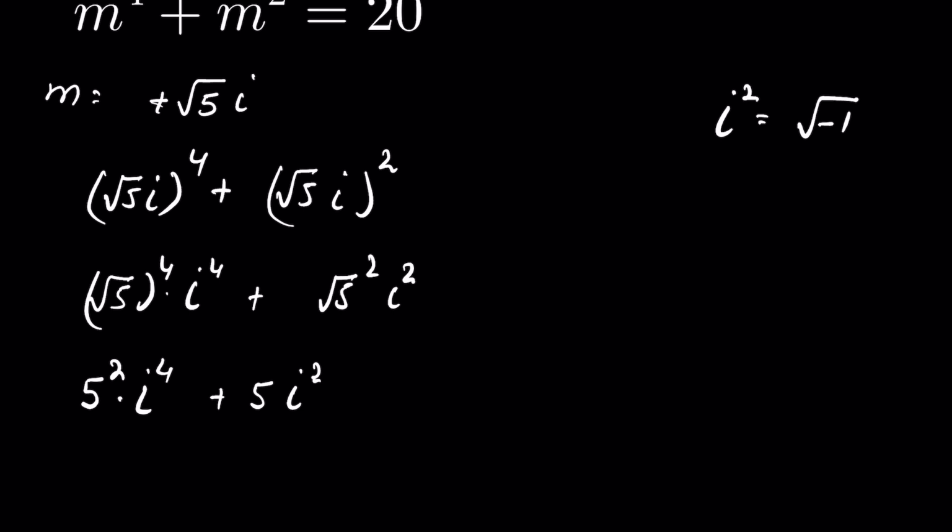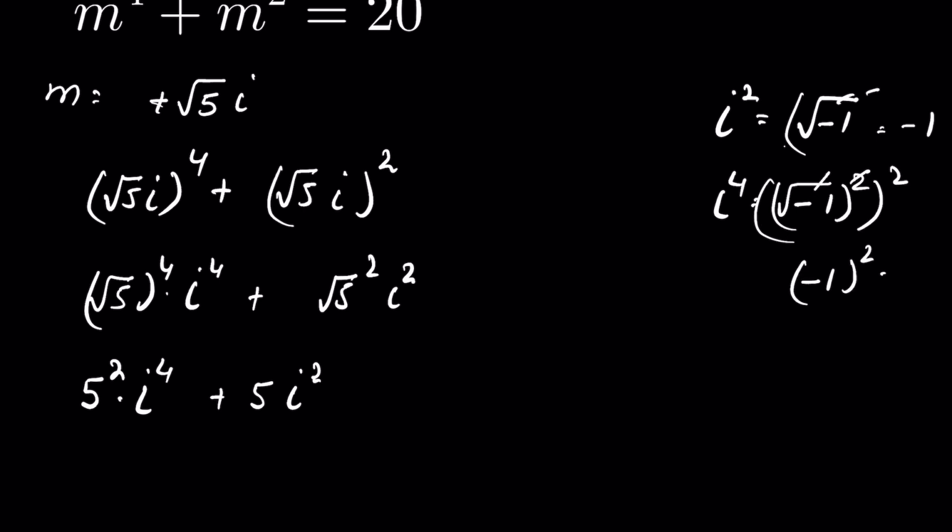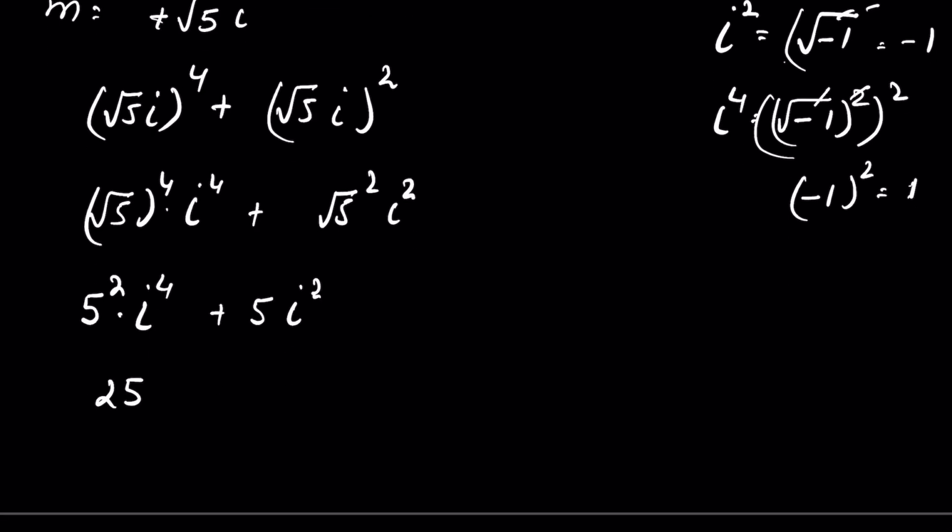So when we square it, the square root gets removed, but it is still negative. But when there is i to the power 4, it is minus 1 under square root to the power 4, or we can write it as minus 1 to the power 2, then whole to the power 2. This square root gets removed with this square, and this minus 1 square. So now this is positive 1. So this will be 25 plus i square will be negative 1. So this is minus 5. 25 minus 5 is 20. So LHS is equal to RHS.